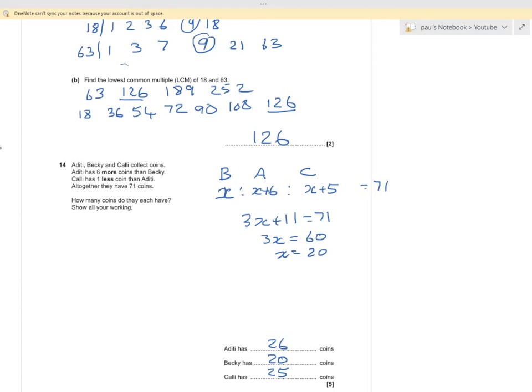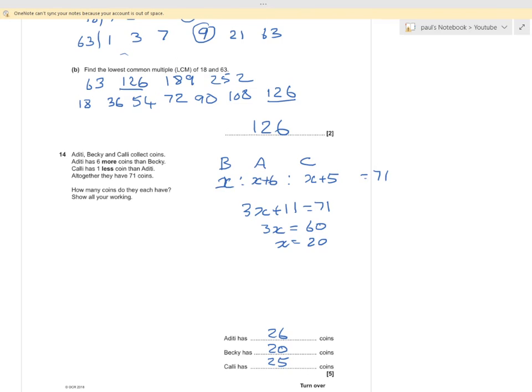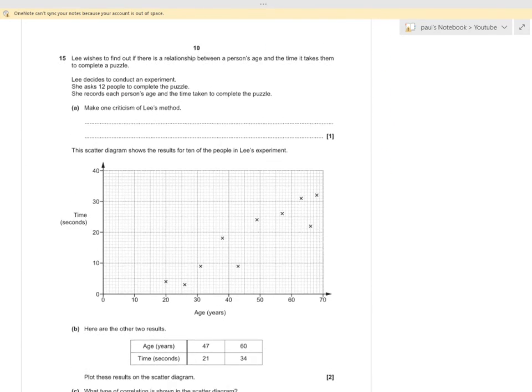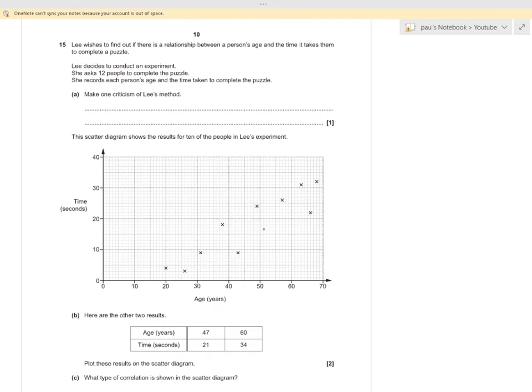A bit of a scattergraph thing going on here. What type of correlation is shown? Positive.